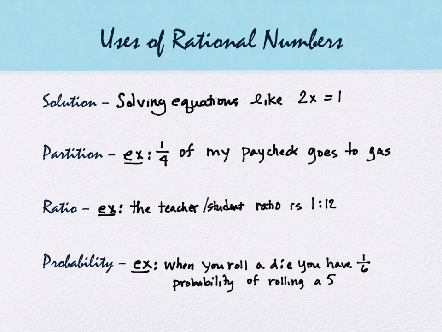There's 6 sides to the die. One of them is a 5, so it's a 1 out of 6 chance. The likelihood of something to happen.